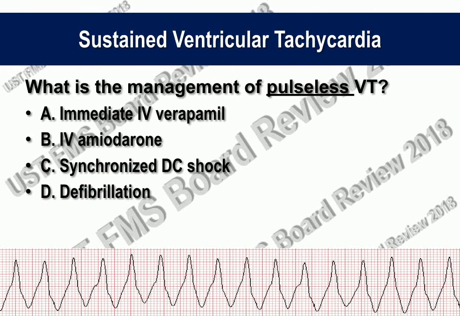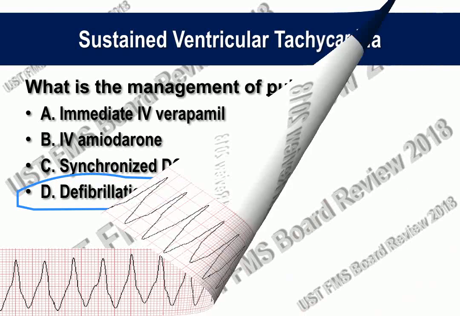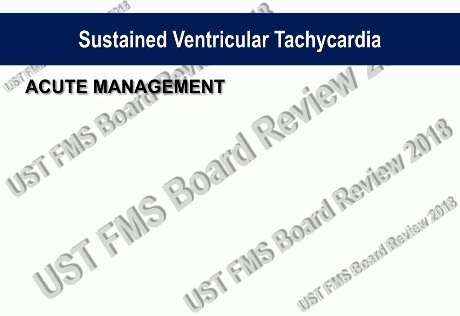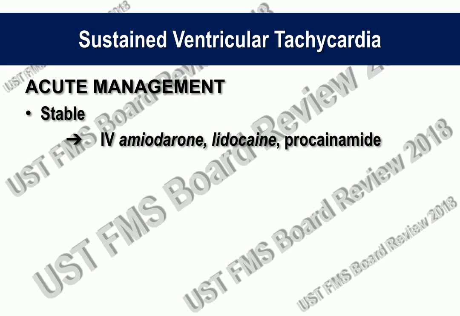And finally, a pulseless ventricular tachycardia should be managed by what option? So pulseless VT is managed the same as ventricular fibrillation, and it would be managed by defibrillation. So in your ACLS, acute management of sustained VT, if it's stable VTAC, you have the option of giving intravenous medications, preferably your amiodarone or your lidocaine.